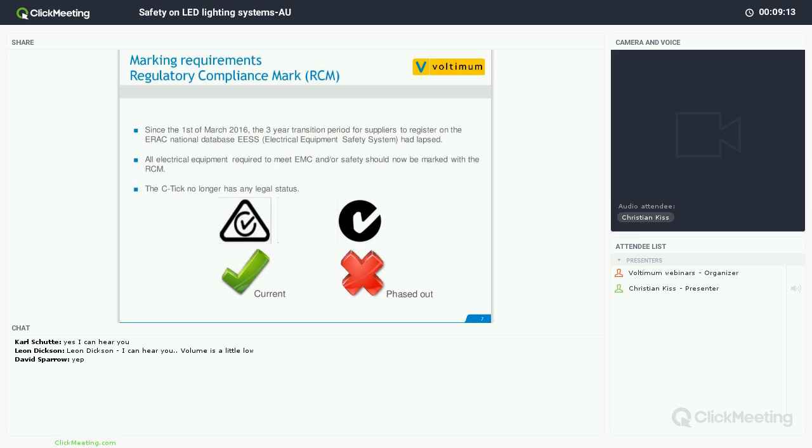So since the 1st of March 2016, the 3-year transition period for suppliers to register on the ERAC National Database lapsed. ERAC is the Electrical Regulatory Authorities Council, and they try to bring all the state regulators together and harmonise and align things in all the Australian states, including New Zealand, and harmonise standards and protocols that are rolled out in alignment with standards.